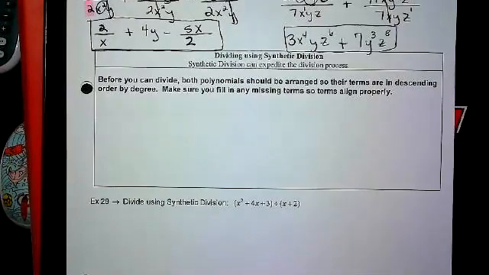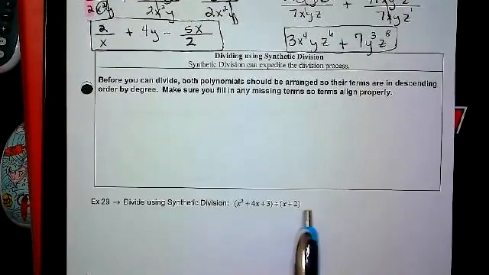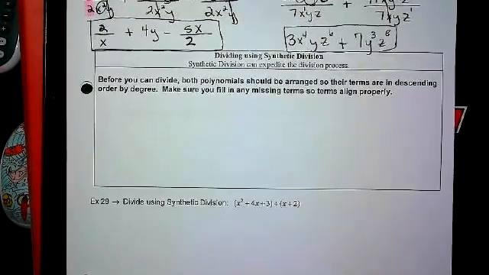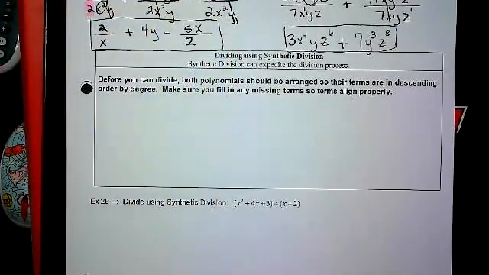Okay, the next part of this lecture, we're talking about dividing using synthetic division. You're going to be doing that when you're dividing by more than one term, basically a binomial. So we can't set these up as separate fractions and reduce them like we do when we're dividing by a single term.